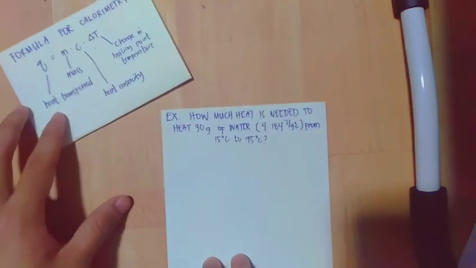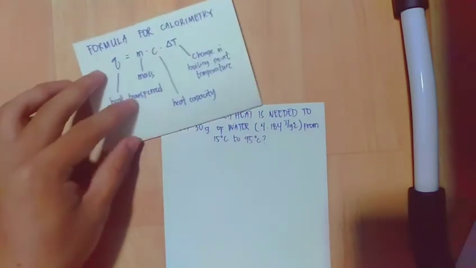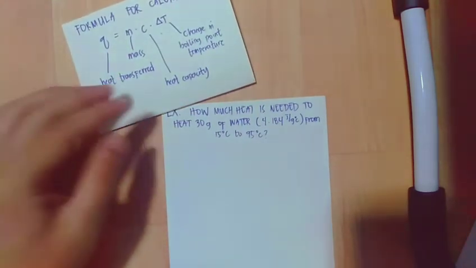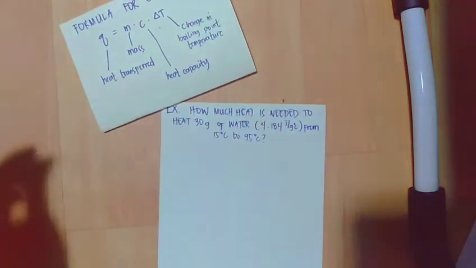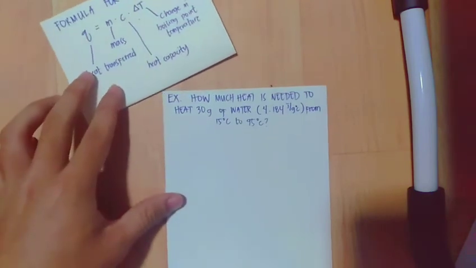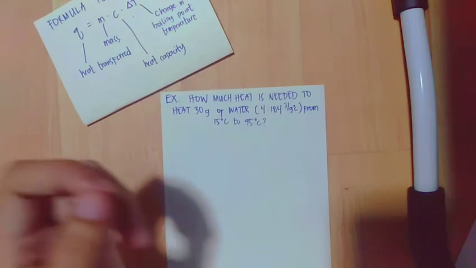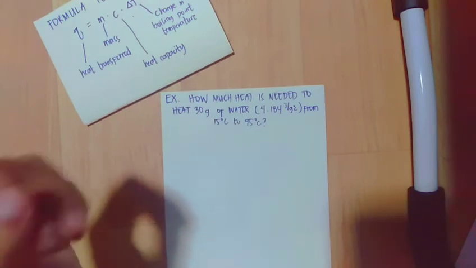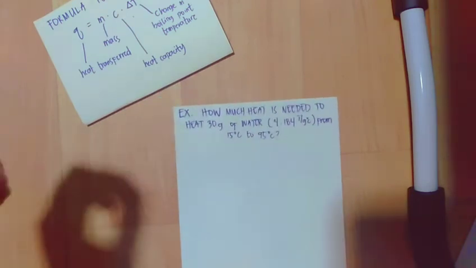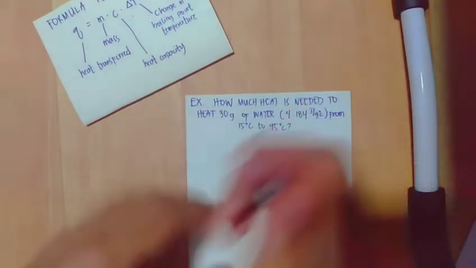So this is the example question for the calorimetry. How much heat is needed to heat 30 grams of water, that is 4.184 joules per gram degrees Celsius, from 15 degrees Celsius to 95 degrees Celsius? The first thing we're going to do is label the given.